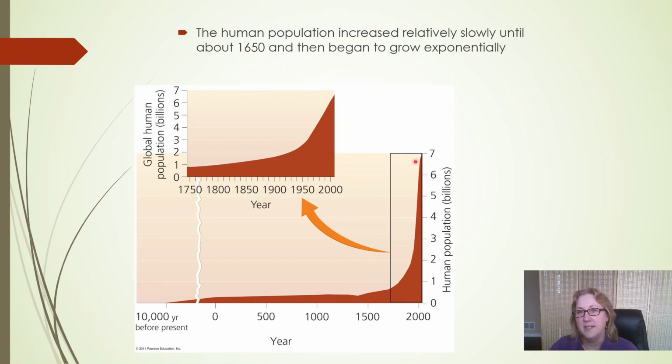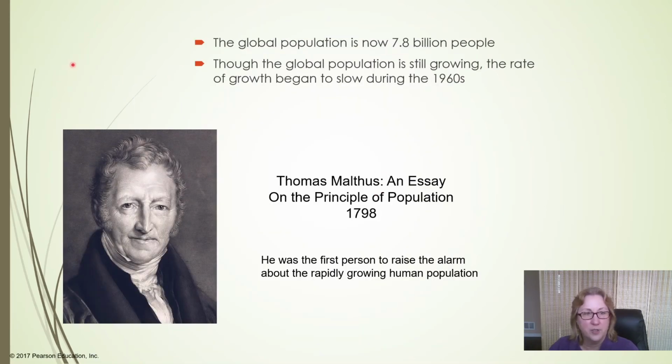And you can kind of see at the very top here in this graph, there's a little bit of a tailing off. So the very first person to notice that the human population was now growing exponentially was actually in the 1700s. Thomas Malthus wrote an essay called On the Principle of Population, which you can find.